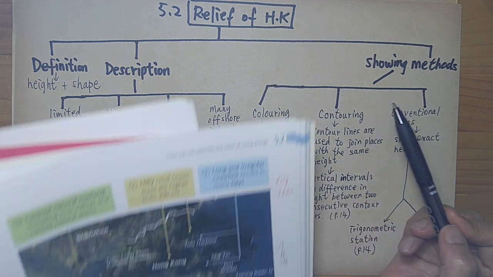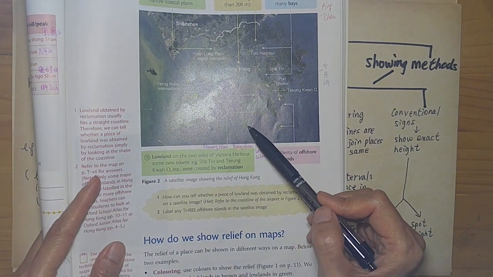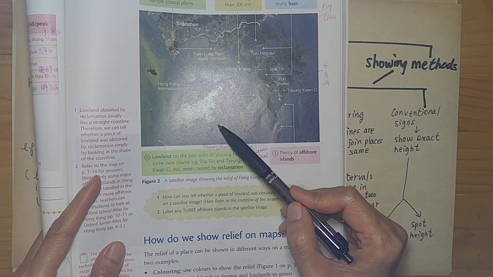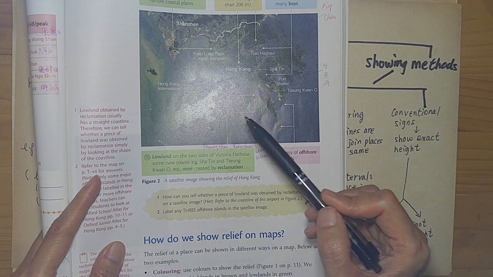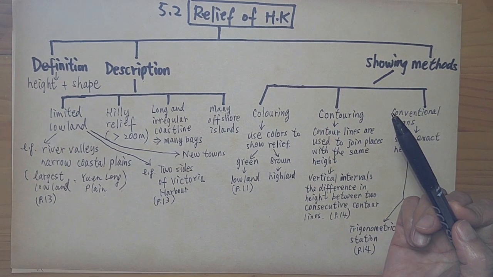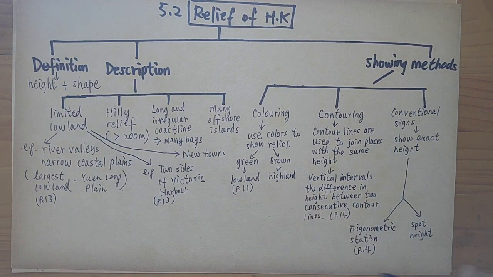So, what island we have here? So you can see this one, for example, Lamma Island, 南丫島, and this is 長洲. Okay, so this is a very famous island we have, and also this is Lantau Island we have here. Okay, so all this is the description of relief of Hong Kong.